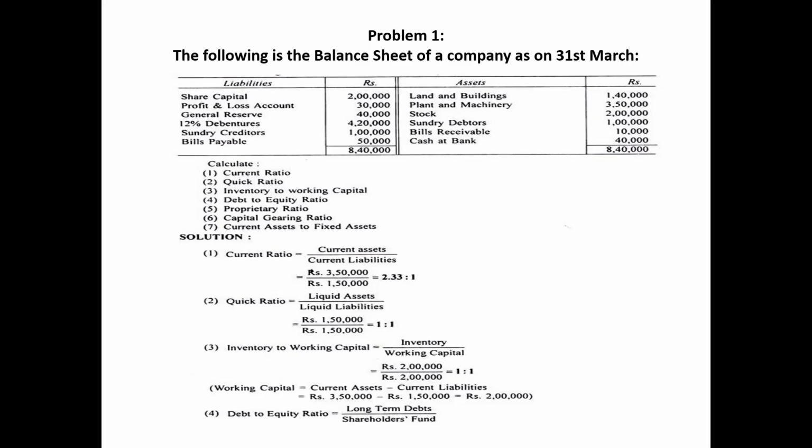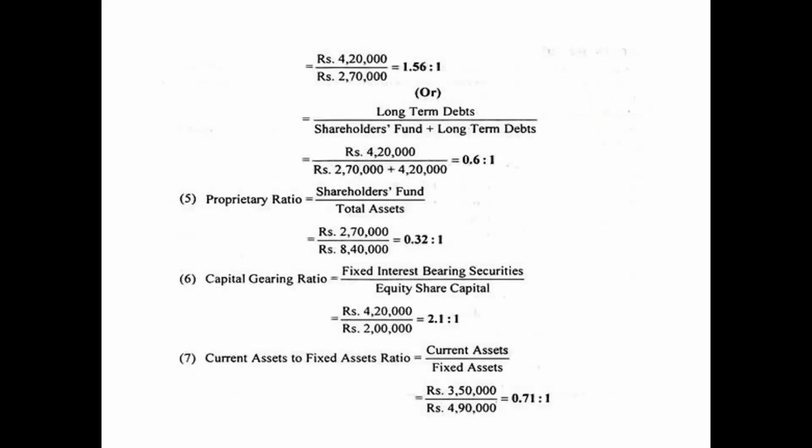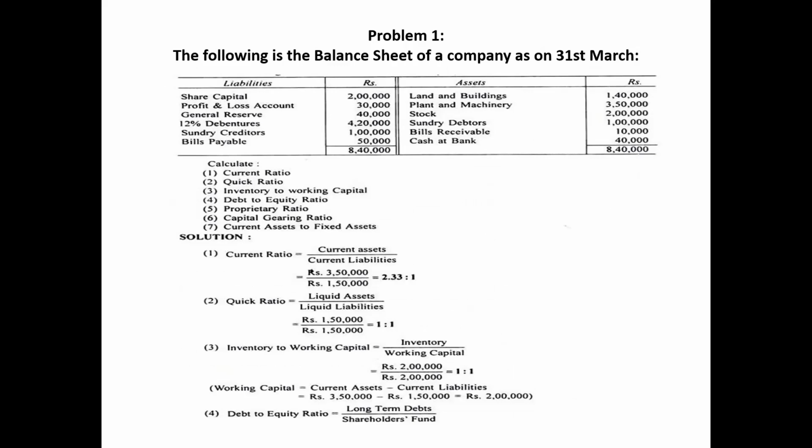The next is debt to equity ratio. All long-term debts divided by equity. So what are the long-term debts you can see here? It's like 12% debentures, you can see a long-term debt, right? And equity shareholders, you can see here as share capital, profit and loss is also added, and general reserve is also added in share capital in equity, because it is a part of equity shareholders, because that profit that is retained and general reserve that is retained, somehow or the other it belongs to equity shareholders, so therefore it is added.